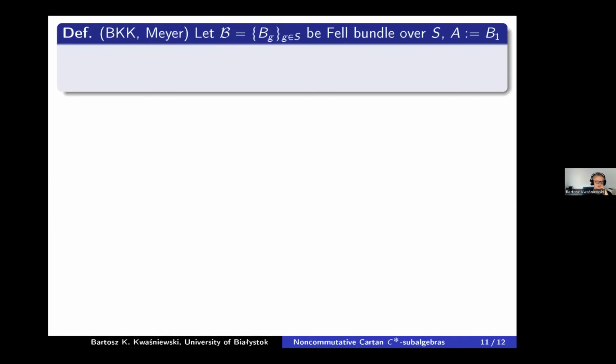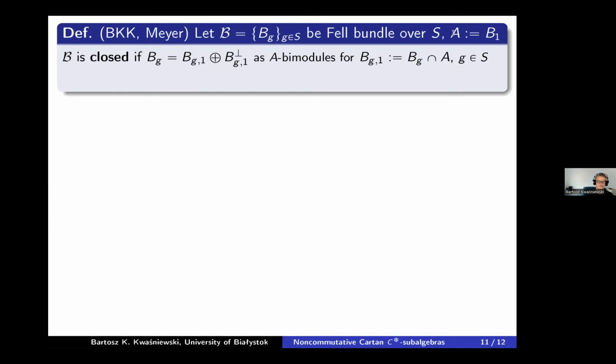It was given by Alcides, Rui, and Ralf. So if we have a Fell bundle over an inverse semigroup, then the condition that we need for the cross-sectional algebra to have a conditional expectation is that this action is closed, in the sense that any fiber of this Fell bundle can be split into a trivial part and a non-trivial part.